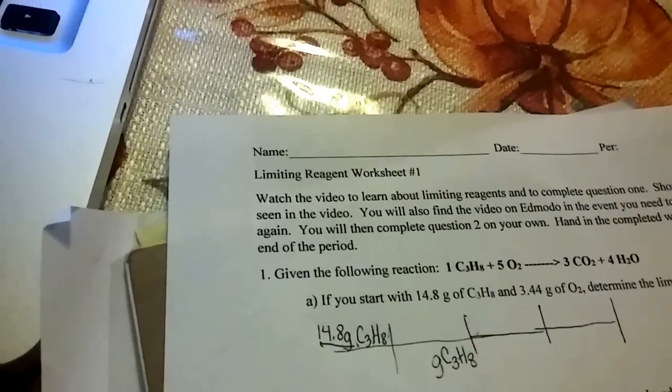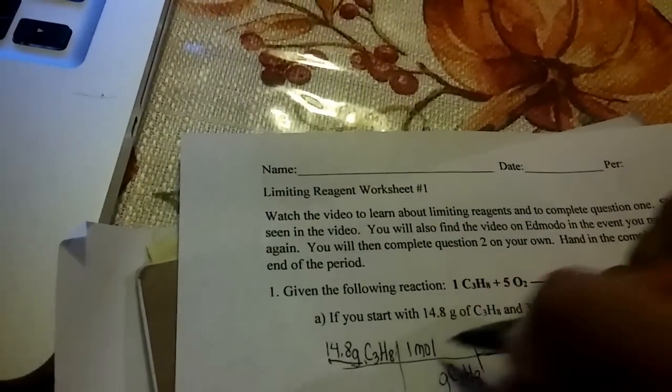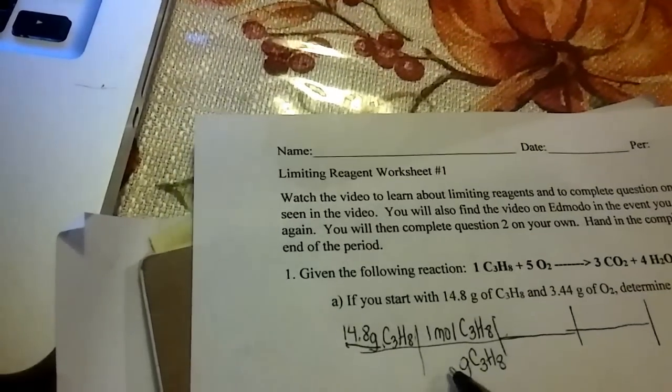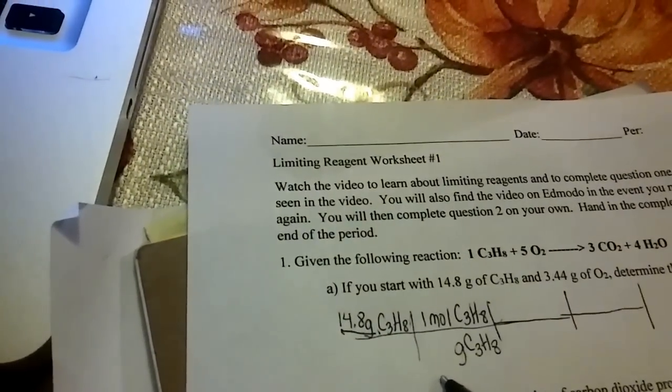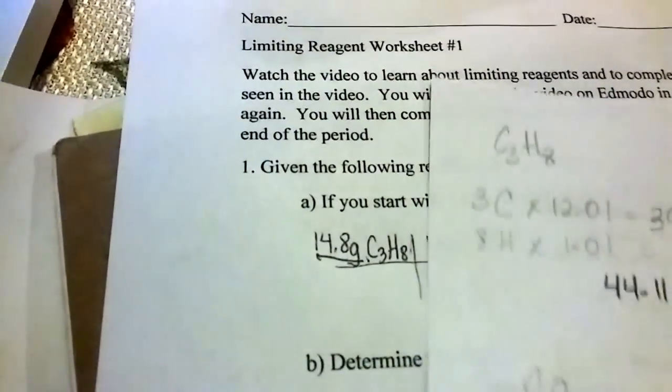And just like I said before, grams are always per 1 mole of the same compound. So in this case, propane. Okay, so the molar mass of propane, I went ahead and pre-calculated those.